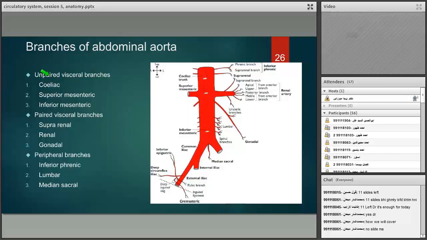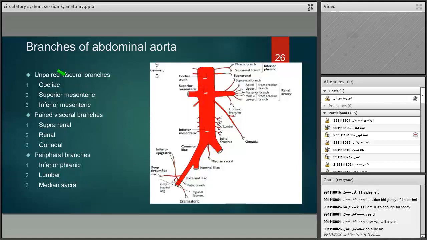Unpaired means it is just one branch, and visceral means they are supplying the blood for some of the viscera of the abdomen. Okay?